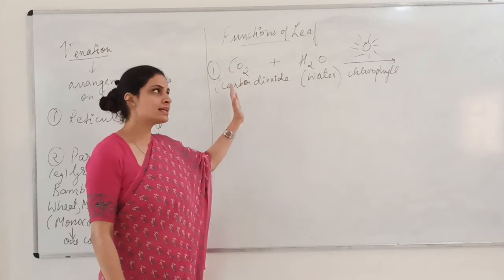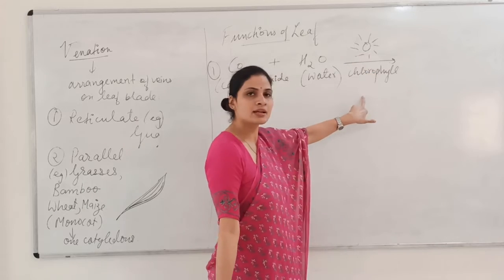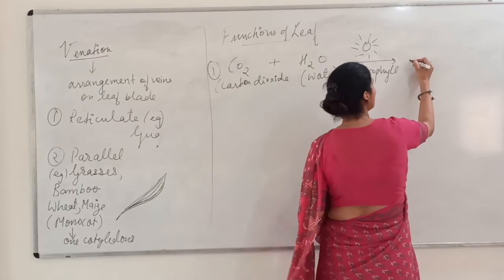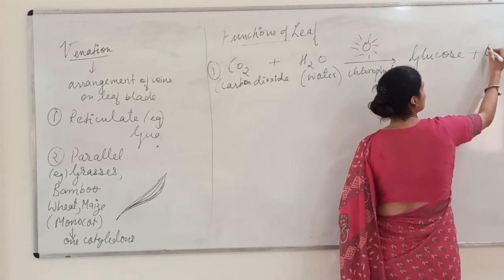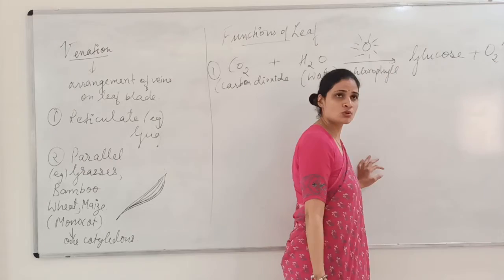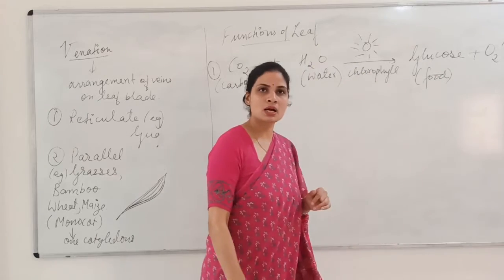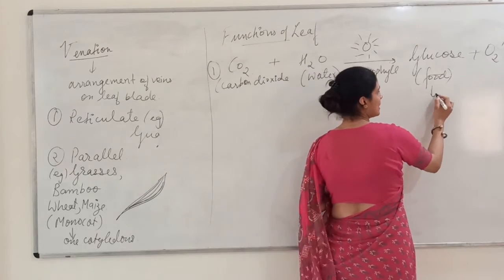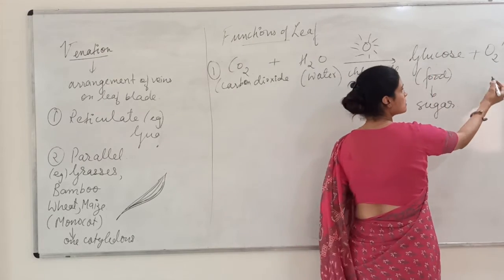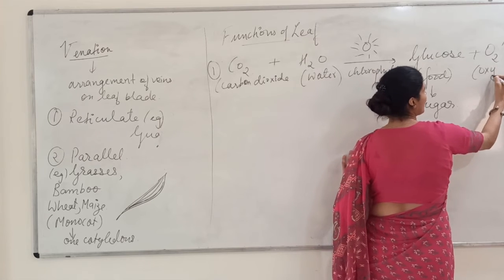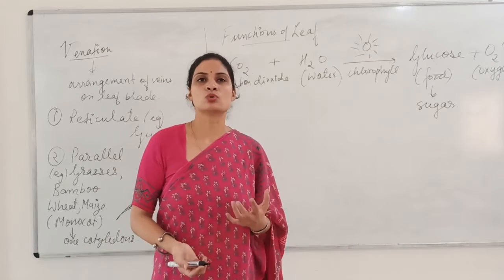So carbon dioxide along with water, in the presence of sunlight and chlorophyll, forms glucose, and oxygen is released into the atmosphere. Glucose is the food prepared by the plants, and glucose is a kind of sugar. Along with glucose, oxygen gas is released, which is utilized by animals and human beings.